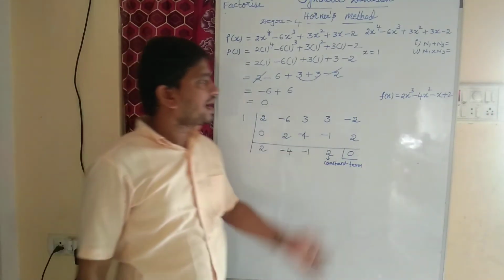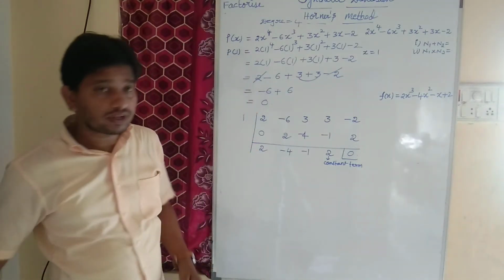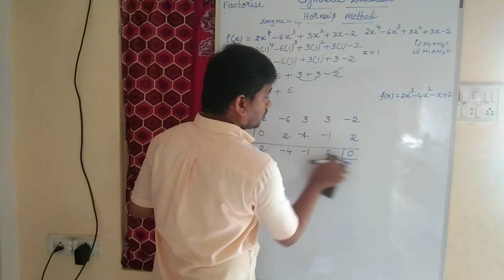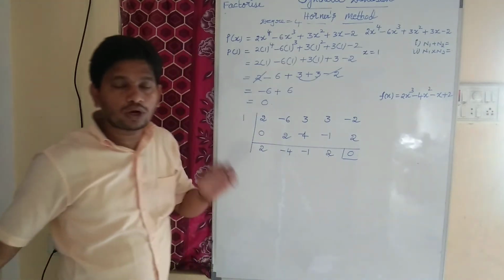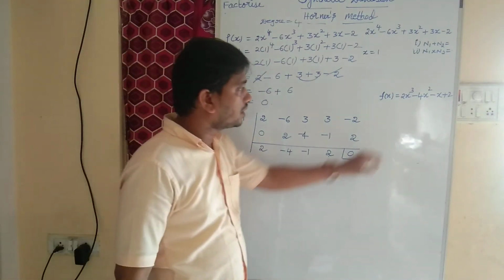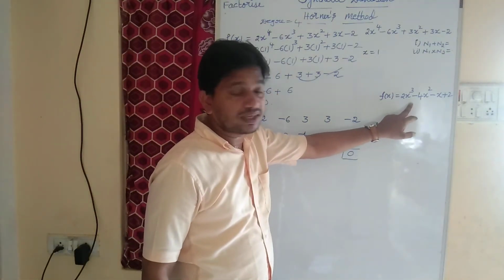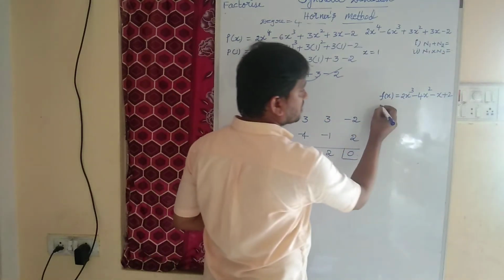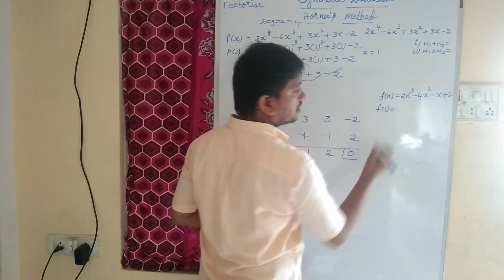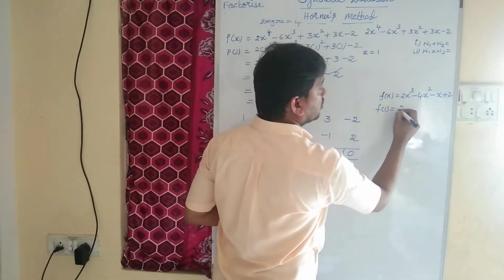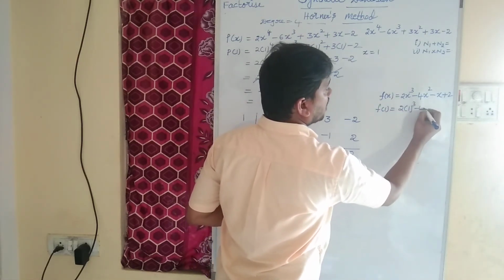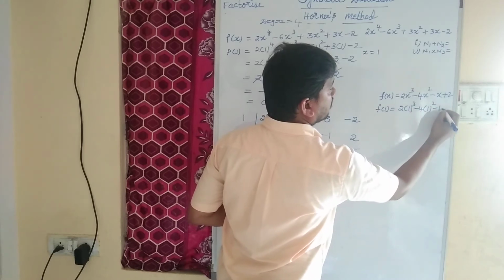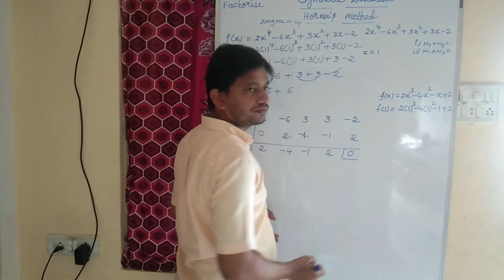Again, you find zeros of the cubic polynomial by using trial and error method. Now this is a cubic polynomial, children, because its degree is 3. Let us check in place of x, 1, whether we get result 0 or not. 2 into 1 cube minus 4 into 1 square minus 1 plus 2.